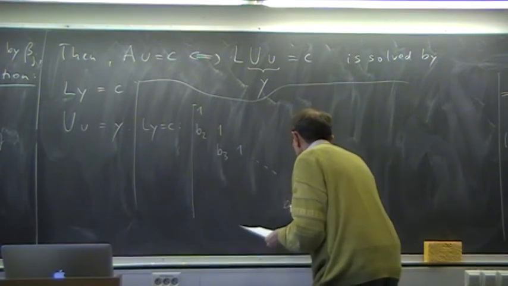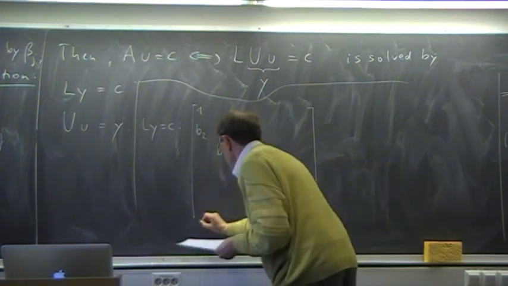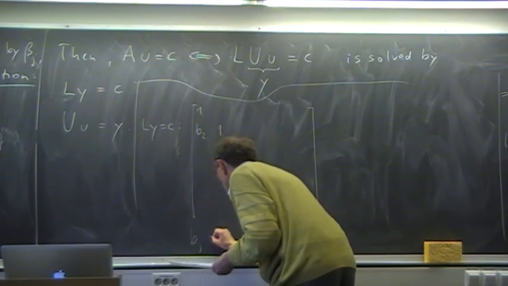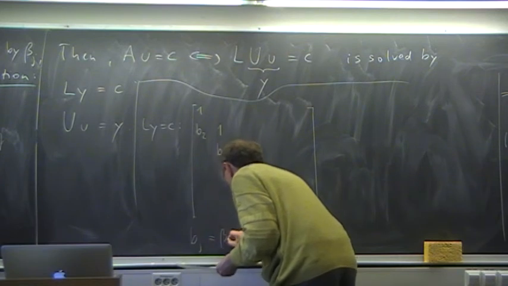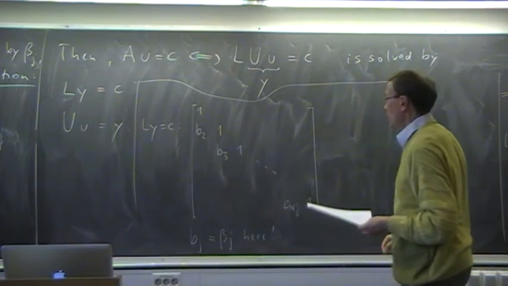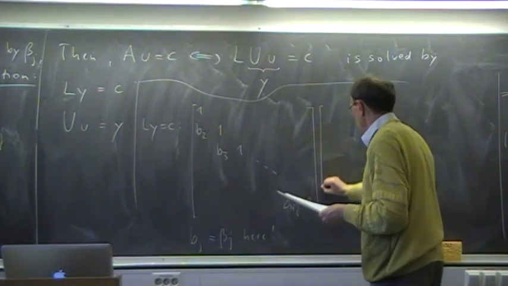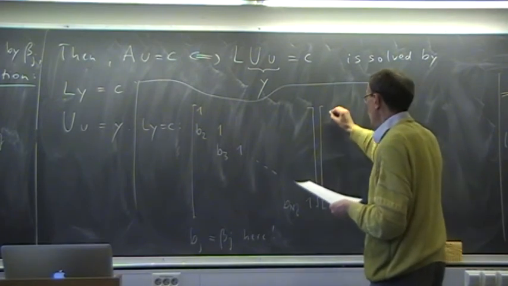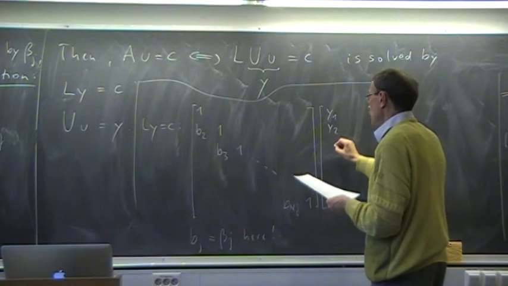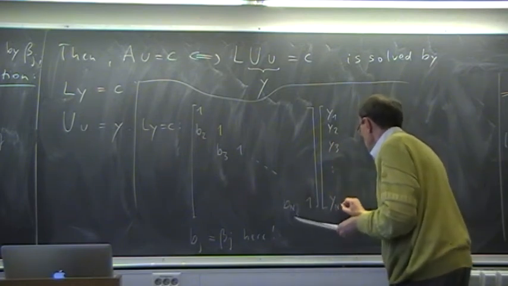Here we have the Bj, that is equal to the beta J here. So remember that. That is our L matrix. And our unknown is then called Y: Y1, Y2, and Y3, and so on, up to y nj.